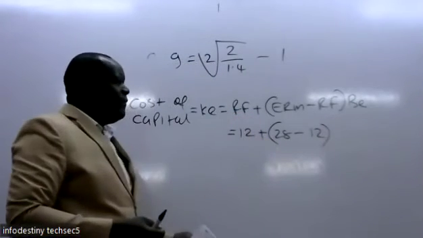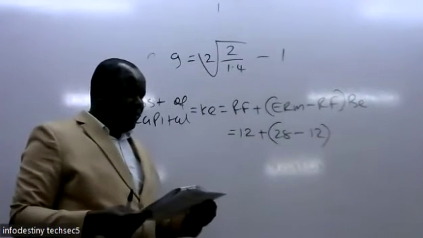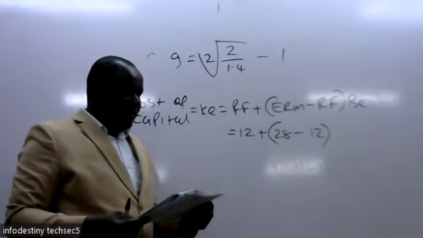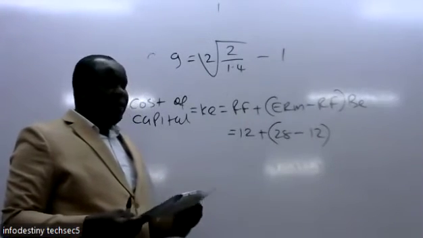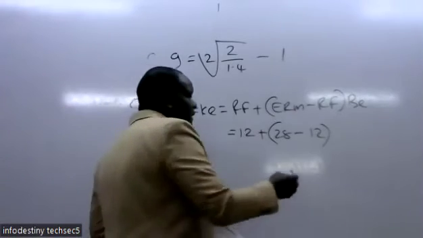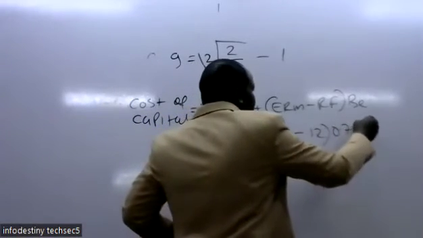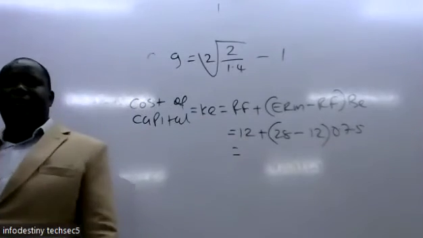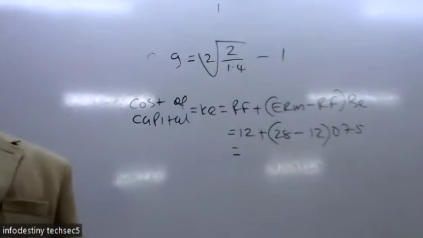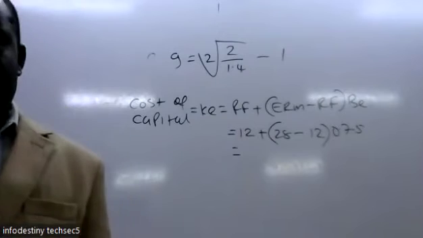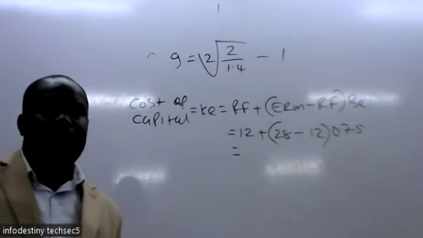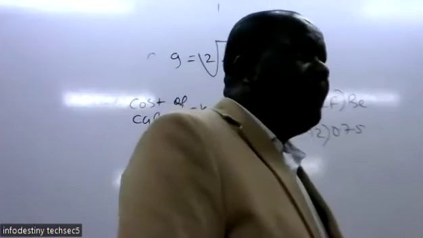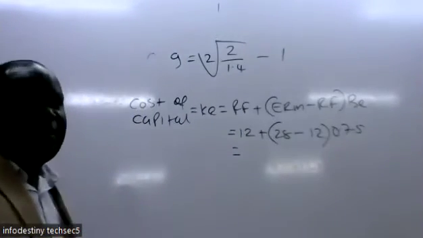What do you have as the beta factor for equity in note number 2? The beta of equity is 0.75. So that will give us the cost of capital, which is 24%.